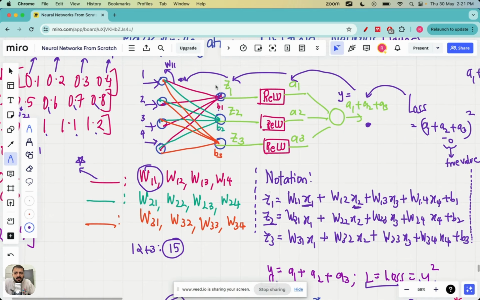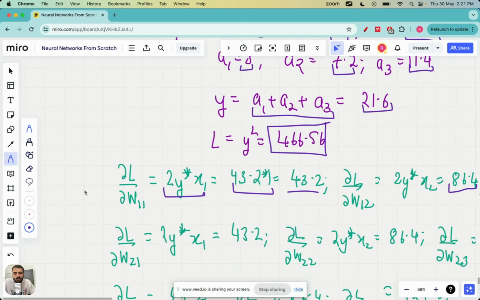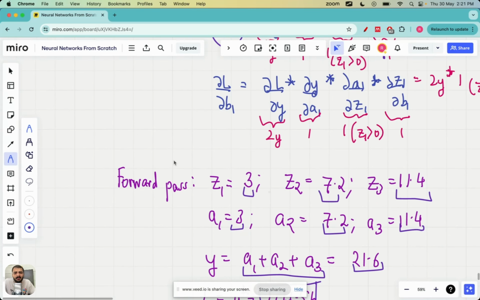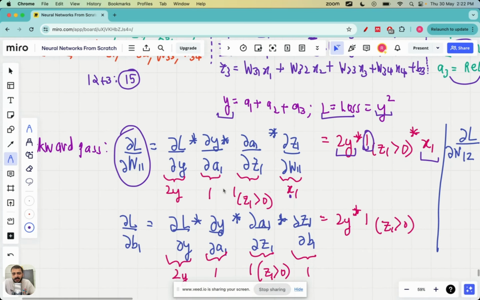Now we have to calculate the partial derivative of loss with respect to the weights belonging to the second neuron, which are W21, W22, W23, and W24. So let's go ahead and calculate those. Very similar to the back propagation which we did, we will find that the partial derivative of L with respect to W21 will be just equal to 2y multiplied by x1, because since z2 is also greater than 0, this term will also become 1.